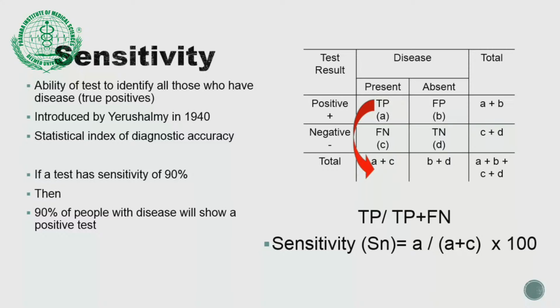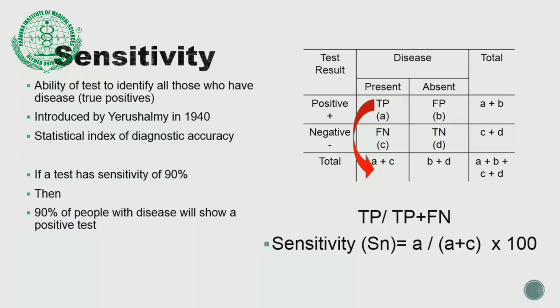This was introduced by Yerushalmy in 1940 as a statistical index of diagnostic accuracy. What it actually means is that if a test has a sensitivity of 90%, then 90% of the people with disease will show a positive test.